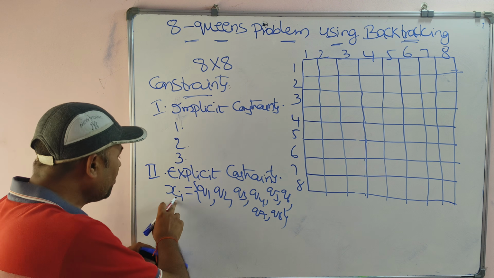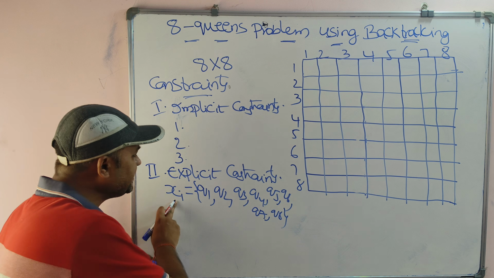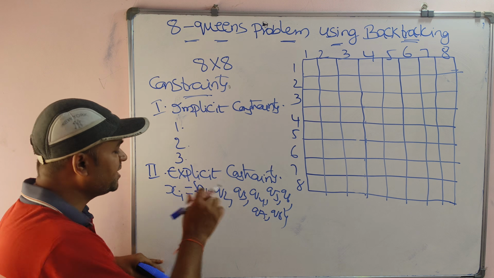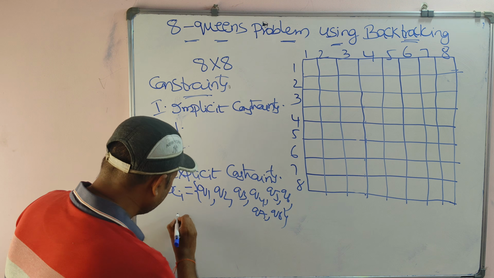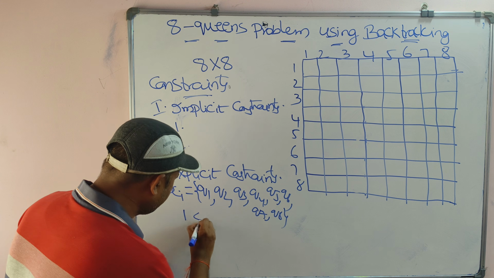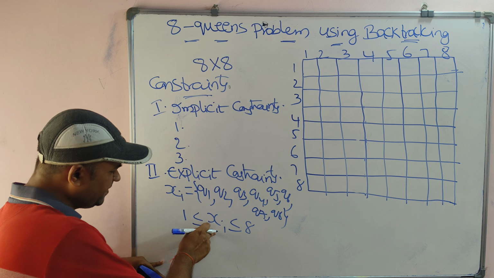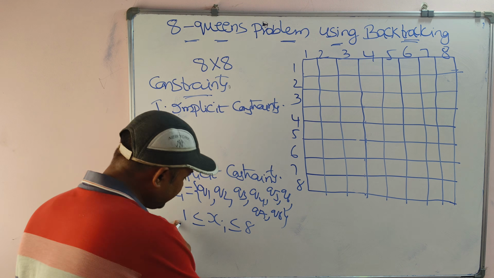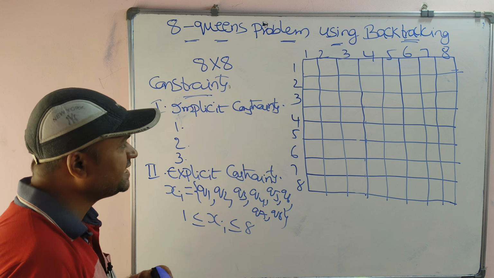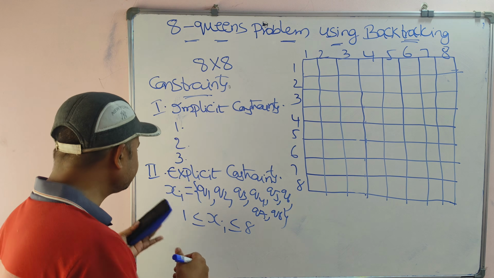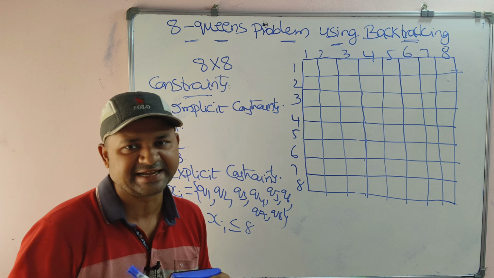Here the value of this xi is nothing but the column number. Xi ranges from 1 to 8. So xi value is greater than or equal to 1 and less than or equal to 8. So this is nothing but explicit constraints here.